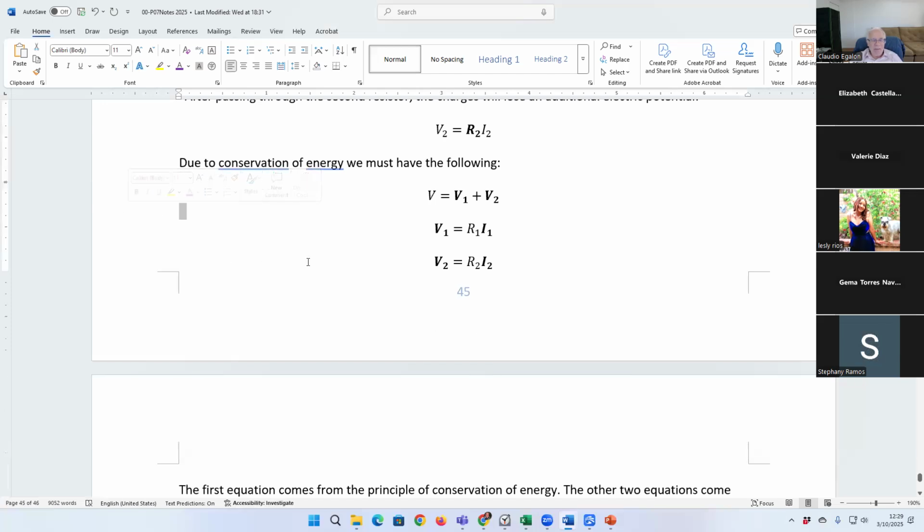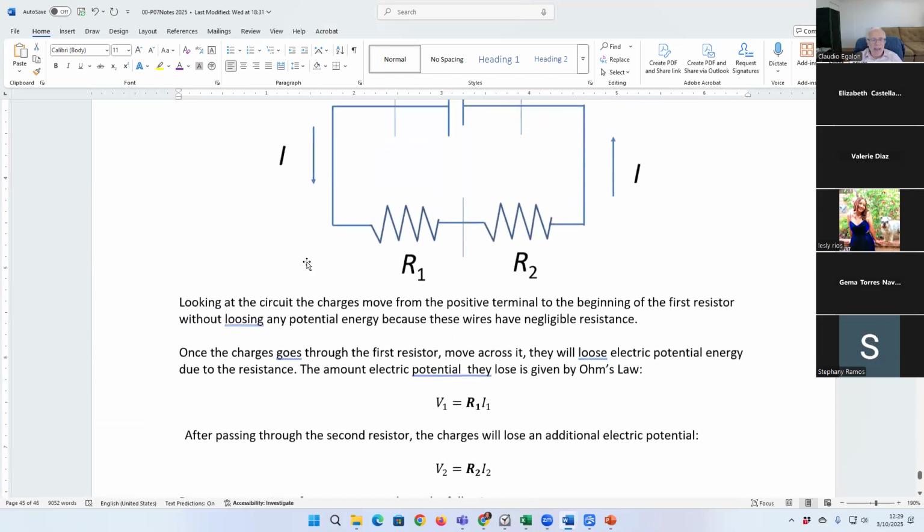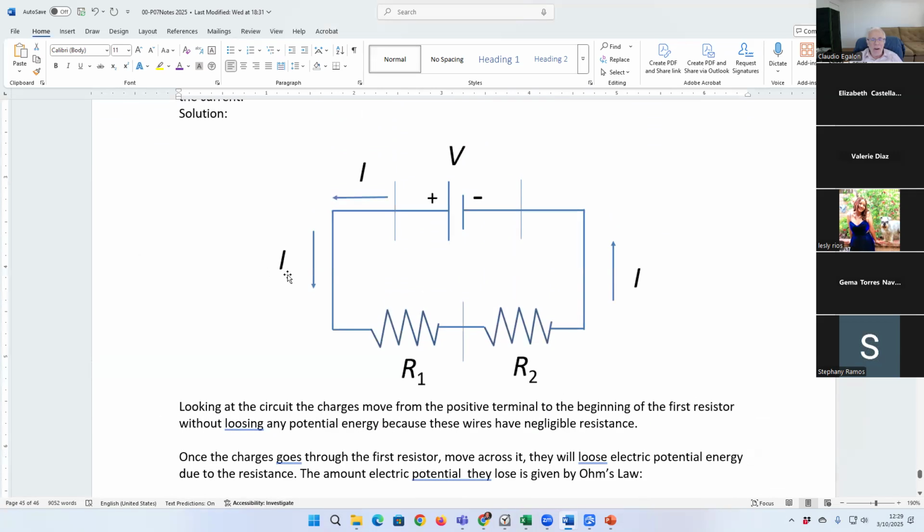Okay. We are going to look at this drawing here. I told you that I1 is the current through this resistor. And I also told you that I2 is the current through this resistor. I also labeled that we have a current I coming out of the battery.